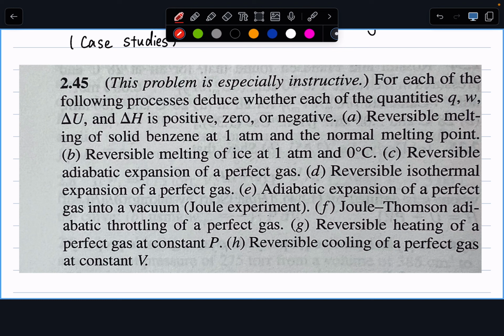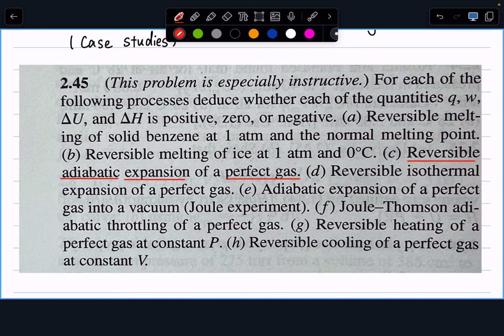So C tells us we have a reversible adiabatic expansion of a perfect gas. All right, so quickly, what are Q, W, delta U, and delta H? What is the Q for this process?